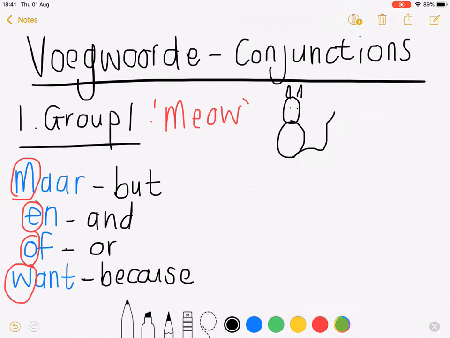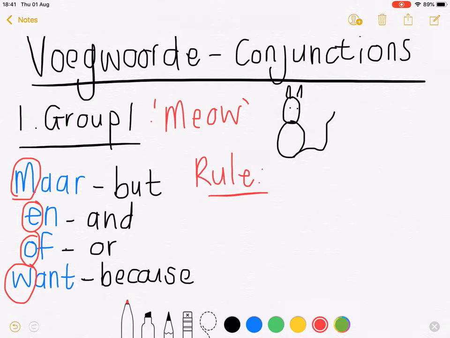I'm trying. I'm not an artist, I'm a teacher. So, we have our cat and our word meow. This way we can remember the words in group 1 are maar, en, of, and want. M-E-O-W. Right. Let's look at our rule next.